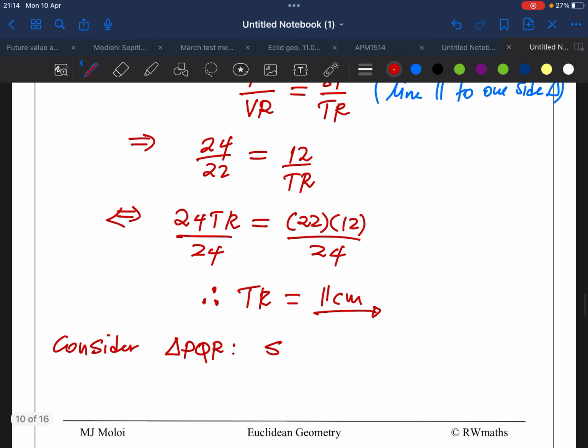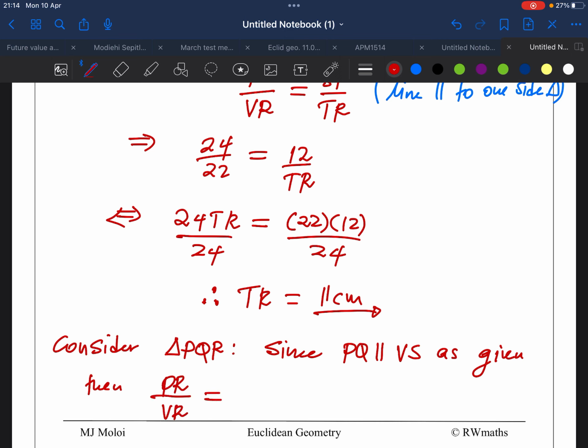So we know that since PQ is parallel to VS as given, then what is it that we know? We will have PR over VR equivalent to QR over SR there.